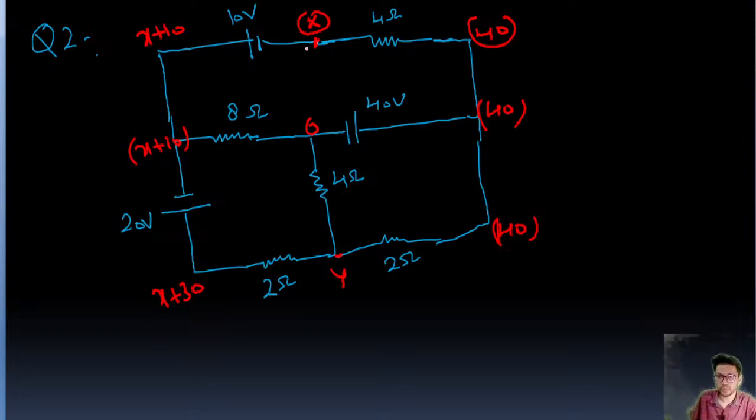For this point it is going to be x minus 40 upon 4.